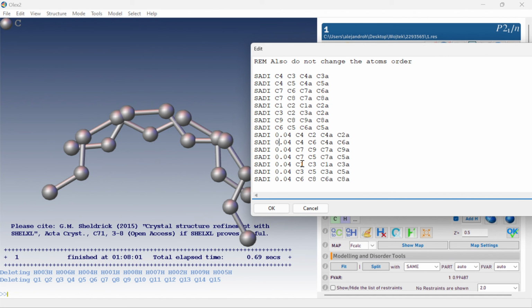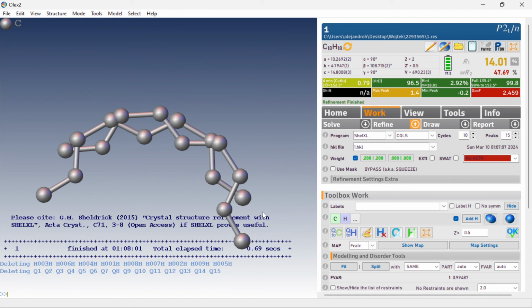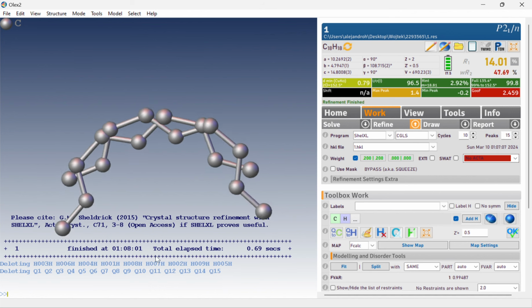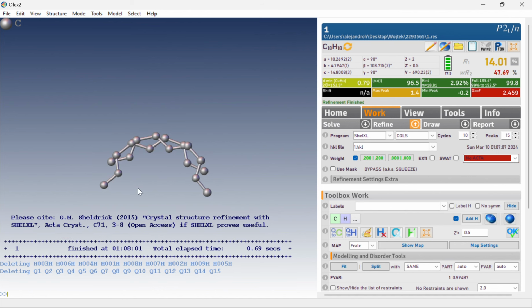So we have distance 1, 3, 1, 3 between parts restrained to be similar. We have 2 and 4. We have 3 and 5, etc. Everything's okay. Now, before we refine it, it's a good idea to add some restraints on displacement parameters.